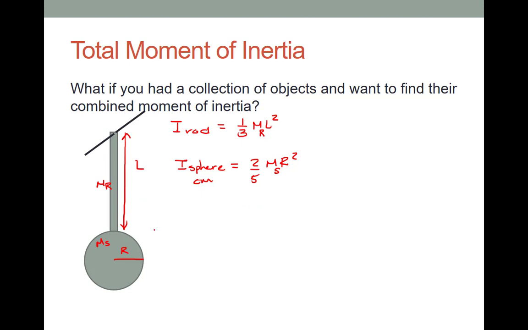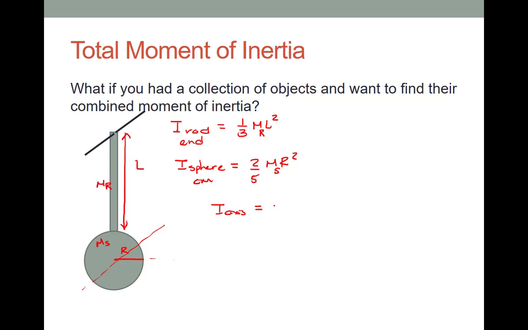Now I have to keep my axis the same. Remember, the rod's moment of inertia was about the end, but the sphere's is about its center of mass, and we're not rotating about the center of mass. The center of mass would be down here, or drawing my axis properly, down here. I need to shift the moment of inertia of the sphere from being about the center of mass to being about where my axis is. To do that, I can use the parallel axis theorem.